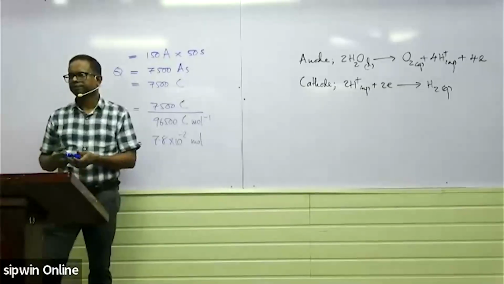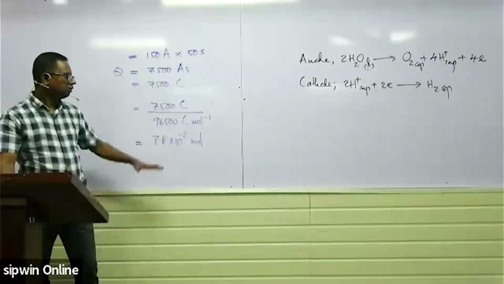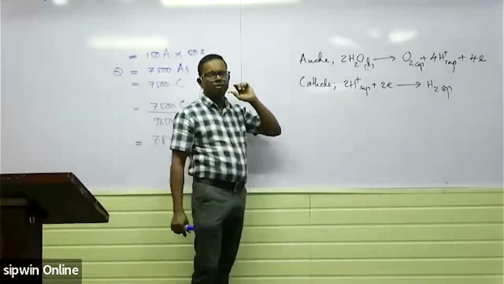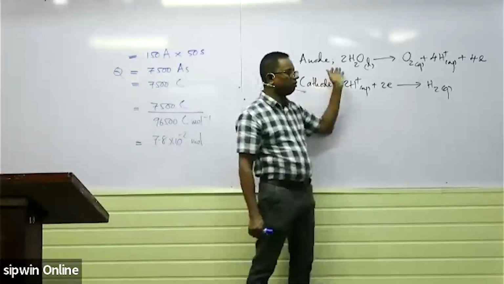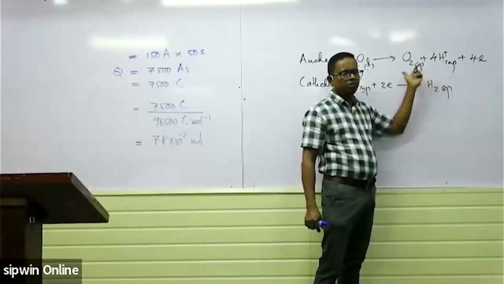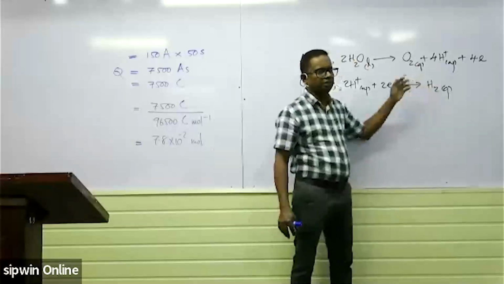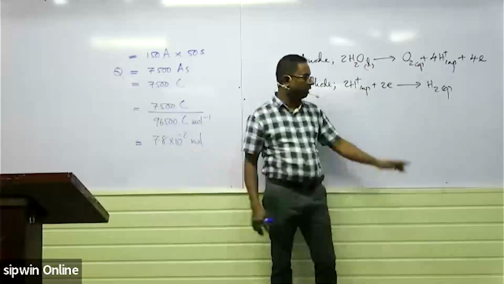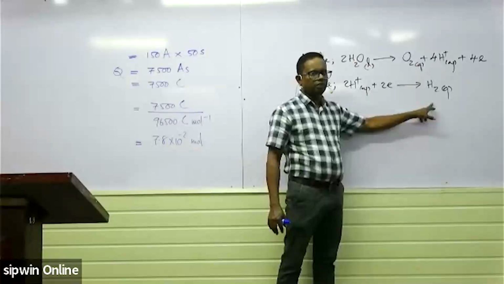Now you know the electron moles, now you can predict this. If 4 moles of electrons give 1 mole of oxygen, then with this much electron moles how much oxygen? Similarly, 2 moles of electrons give 1 mole of hydrogen.